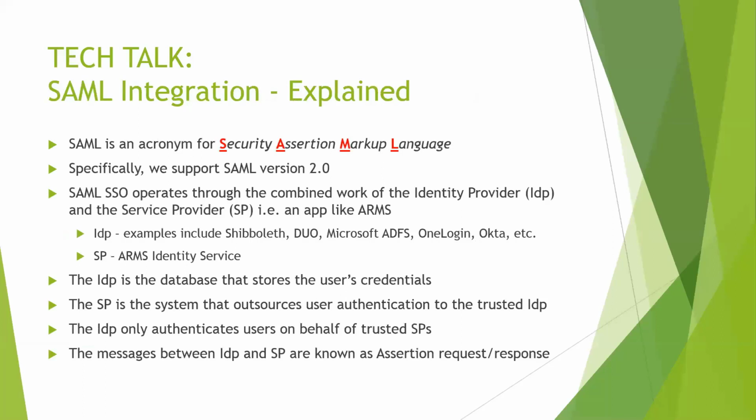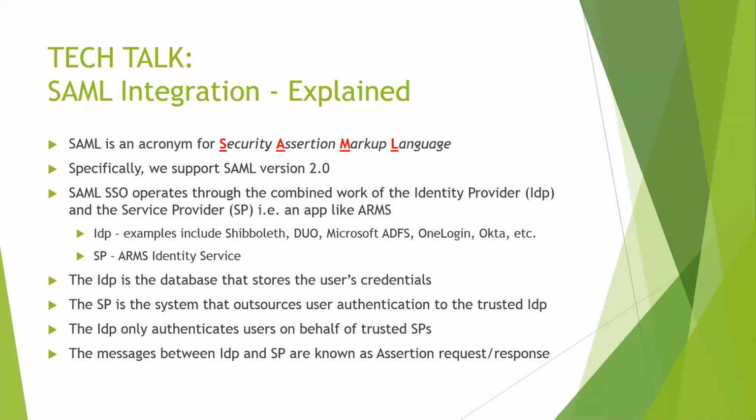Examples of those are Shibboleth, Duo, Microsoft ADFS, OneLogin, Okta, etc. A service provider is any application out there that wants to leverage the IDP for performing user authentication. ARMS is a service provider. Your email can be a service provider. Your HR systems can be a service provider. All of those can authenticate their users against the IDP database.